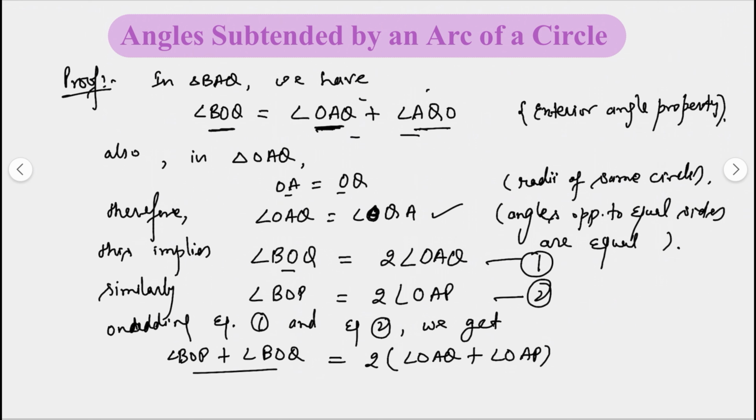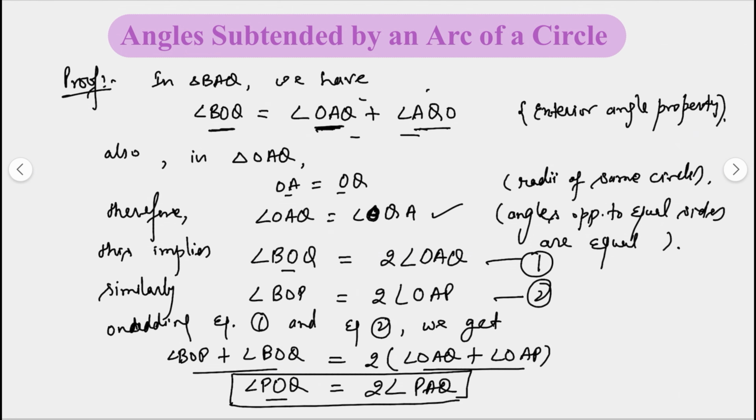When you add these two angles, we'll get angle POQ, and we'll get twice of angle PAQ. And this is what we were asked to prove, that the angle at the center is twice of the angle at any point of the remaining part of the circle. So that's the proof of this theorem, hence proved.